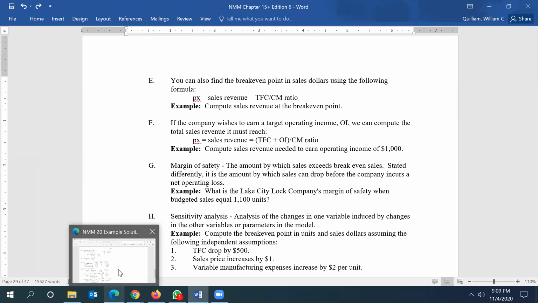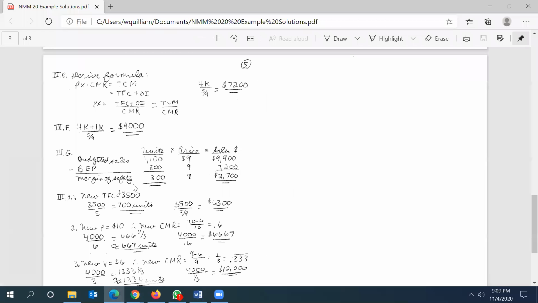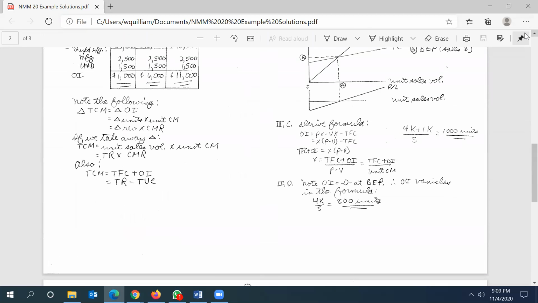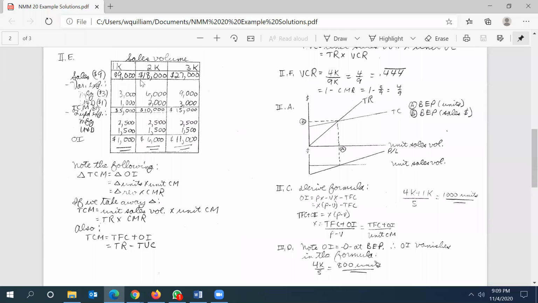So back here on my PDF, I've got that. $4,000 total fixed plus operating income of $1,000, again divided by 5/9, the contribution margin ratio, gives us $9,000. And sure enough, that makes sense going back here to our pro forma income statement.